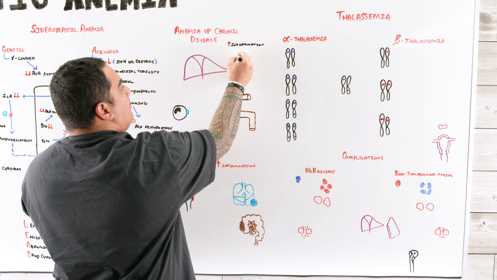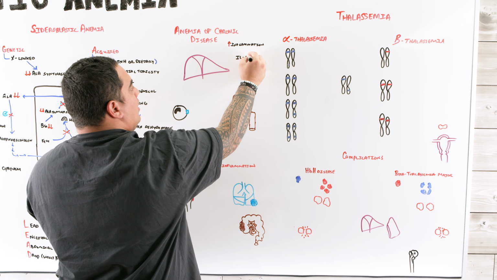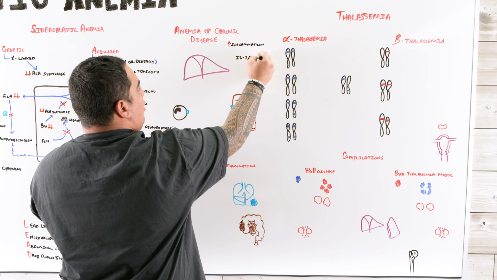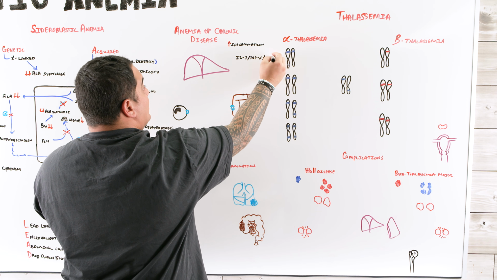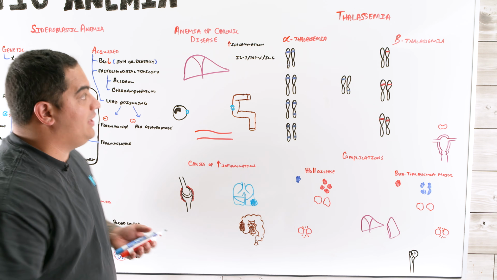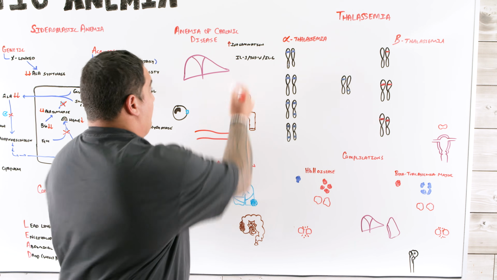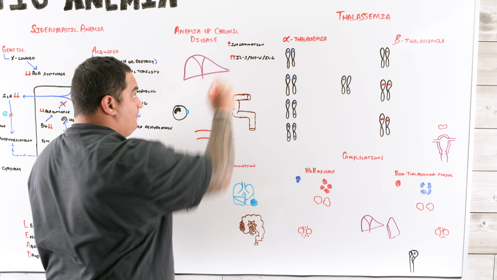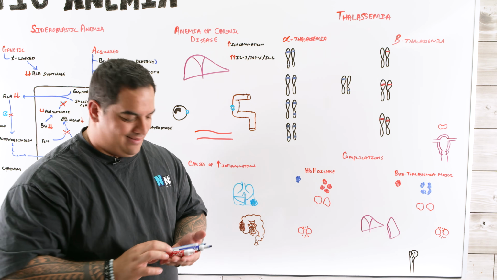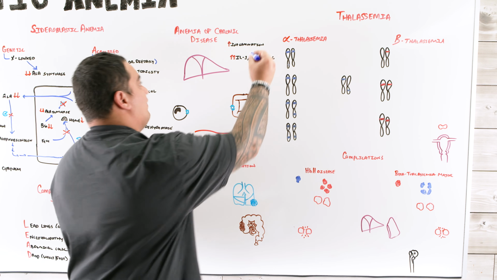This can cause an uptick in interleukin-1, tumor necrosis factor alpha, and interleukin-6 is another one. All these can be super elevated. When these are elevated, they have receptors. They have receptors on the liver.